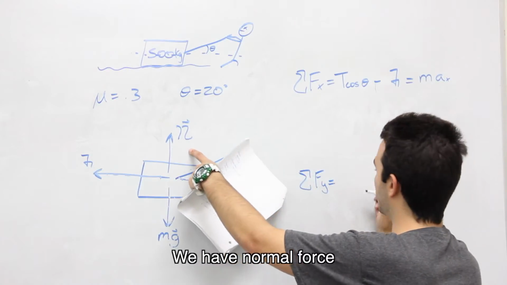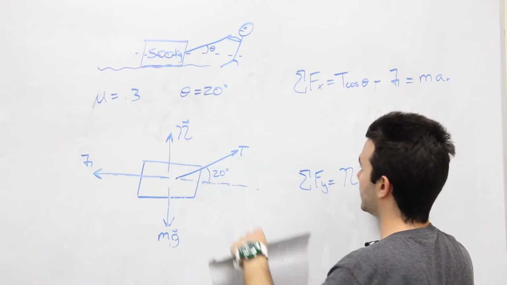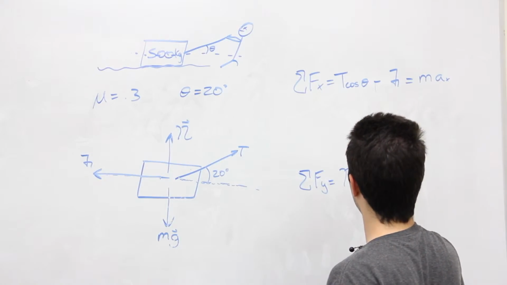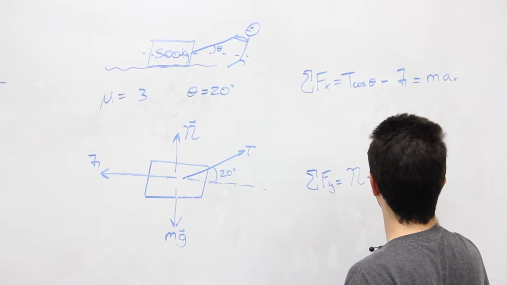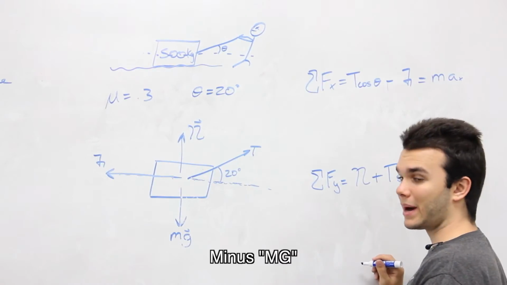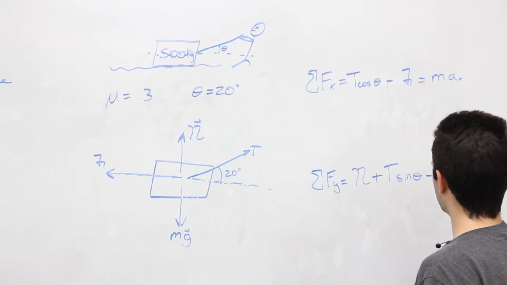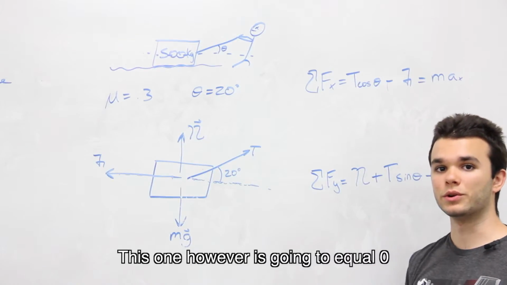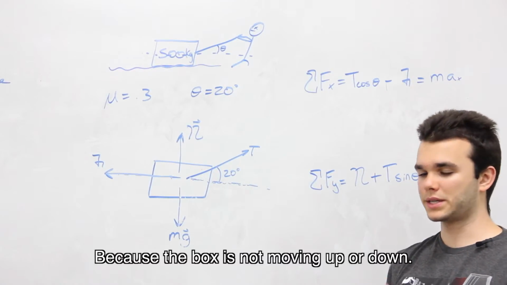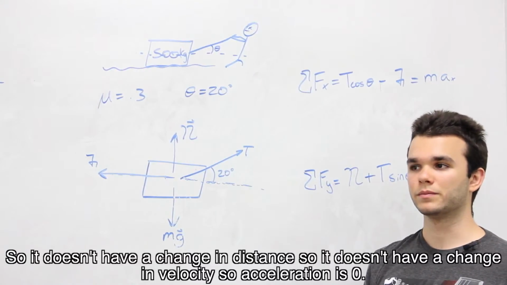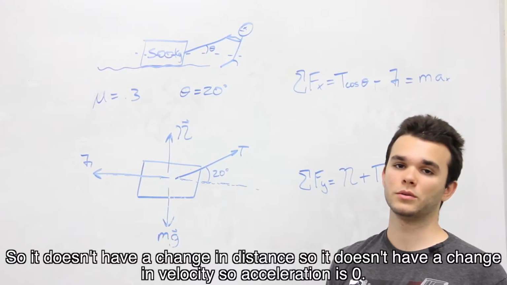We have normal force plus the y component of tension minus mg. This one, however, is going to equal 0 because the box is not moving up or down. So it doesn't have a change in distance, so it doesn't have a change in velocity, so acceleration is 0.